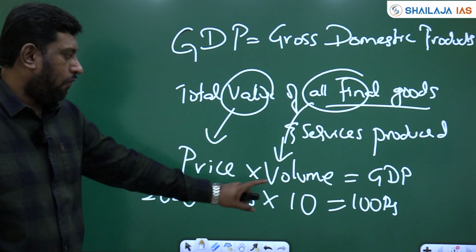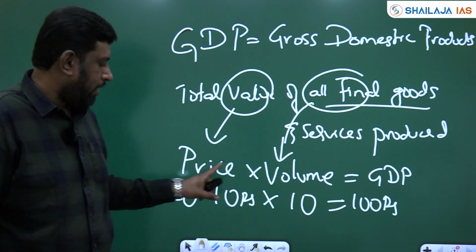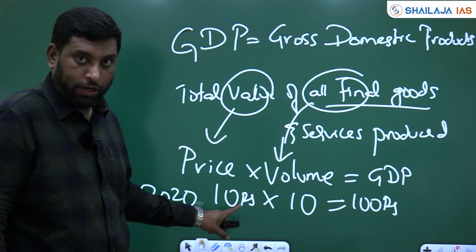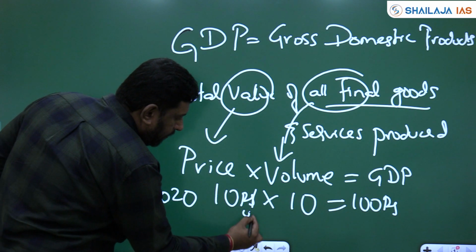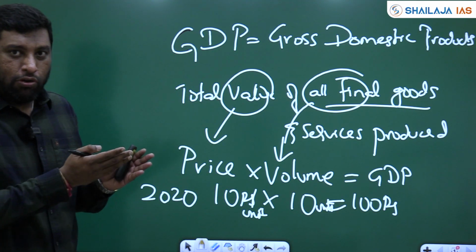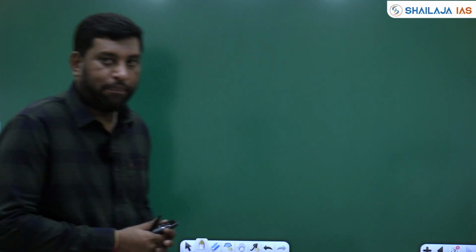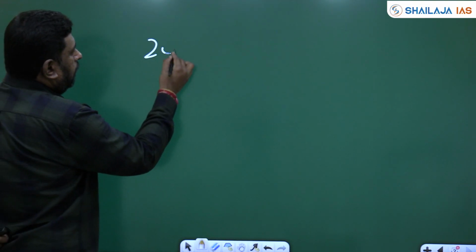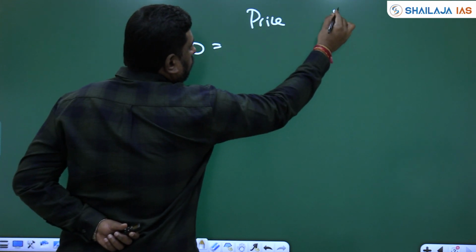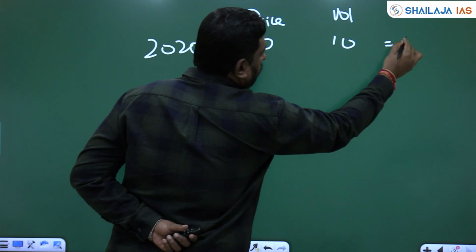So the total value of all the final goods and services produced in the country in the year 2020 was 100 rupees. 10 rupees per unit, this is total units. I am telling you at a very basic fundamental level just to try and understand the concept, right? So 2020, this is price and this is volume. If it is 10 rupees per unit and volume is 10, it is going to give you 100 as the total number.